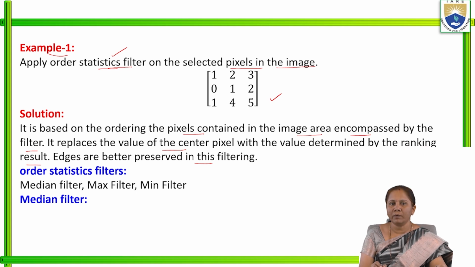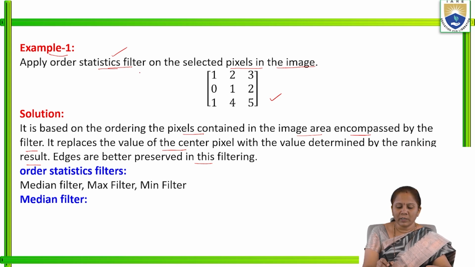Only the center pixel value will be changed according to the type of order statistic filter. So it is mainly based on ranking of pixels. The different order statistic filters we can apply are median filter, max filter and min filter. Let us first apply the median filter.